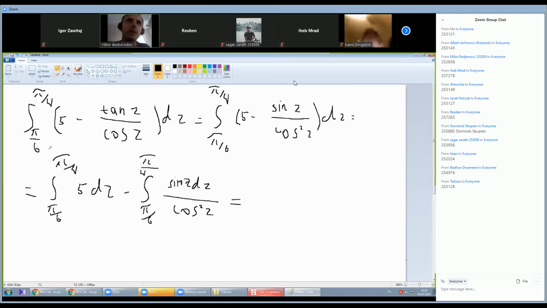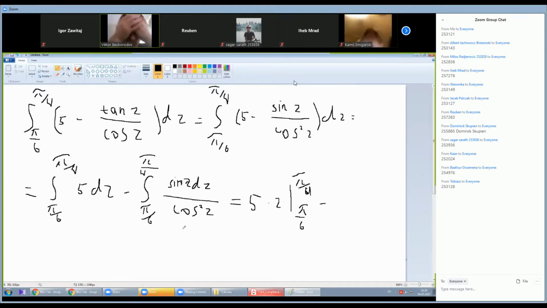Okay, so this one is pretty straightforward. This is just going to be 5 times pi over 4 minus pi over 6. I can also write 5z, this is the antiderivative, with pi over 4 on the top, pi over 6 on the bottom. And here, what about this integral? How to compute it?